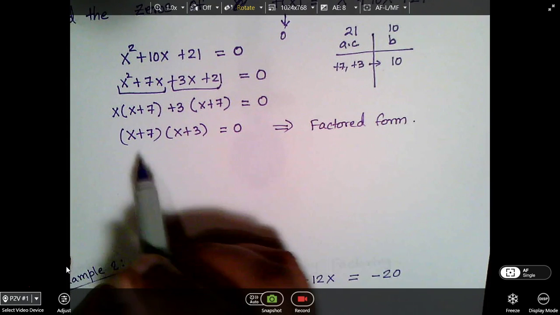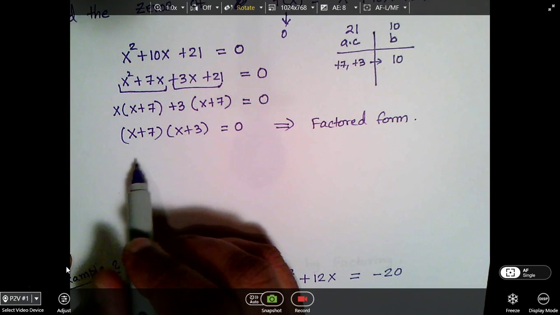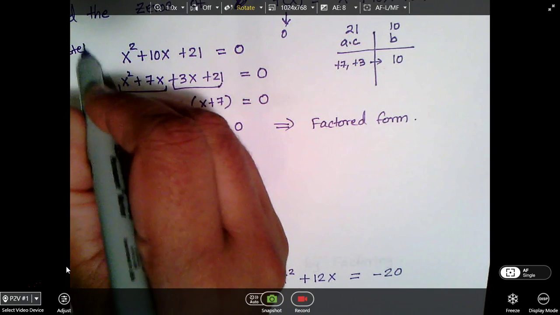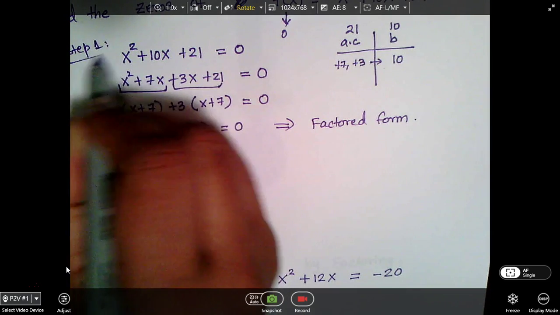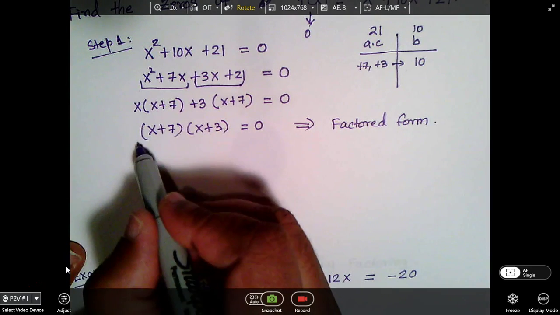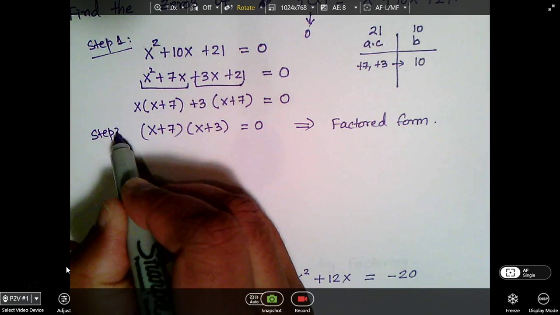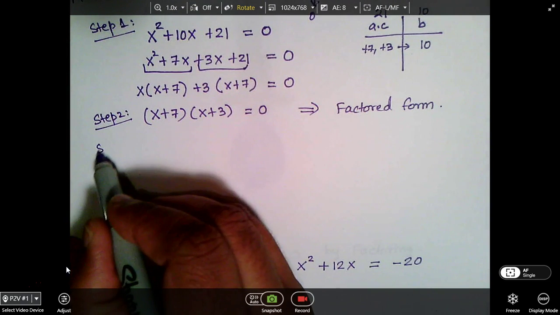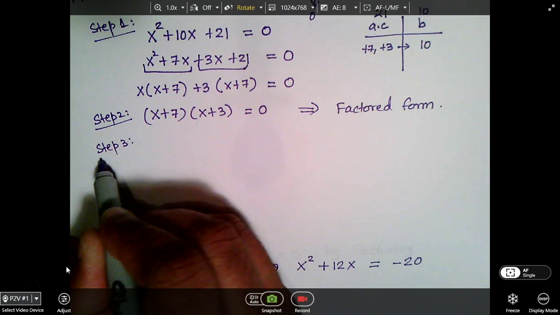Now after I have the factored form, I need to apply the zero product property. So this was step 1, putting it in standard form. Then I started my step 2, and I ended up with my factored form. That's ending my step 2. My step 3, I have to apply the zero product property.